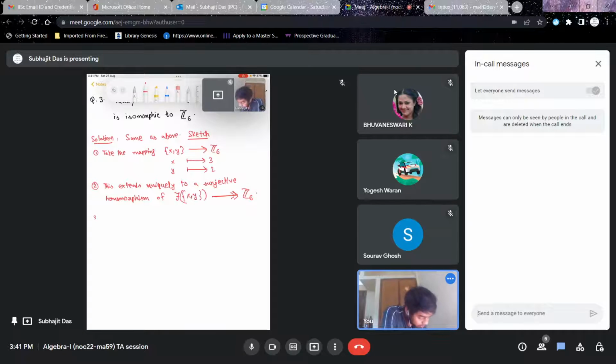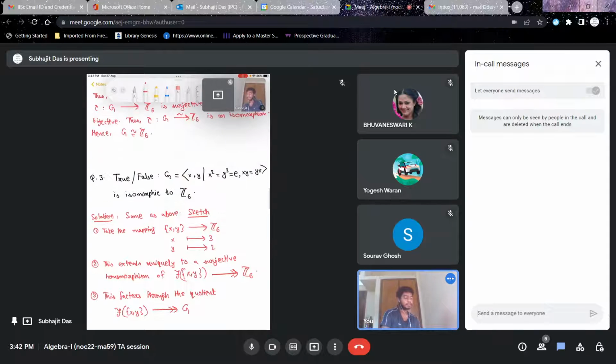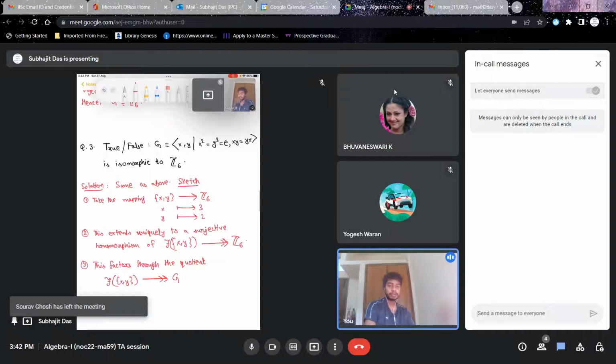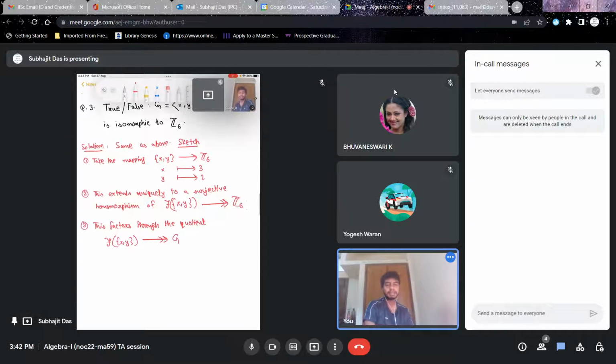So this will factor through the quotient map to G, right? G has that particular presentation as we saw previously as well. If you just take the quotient by x square, y cube, and x y x inverse y inverse, you get G precisely, right?